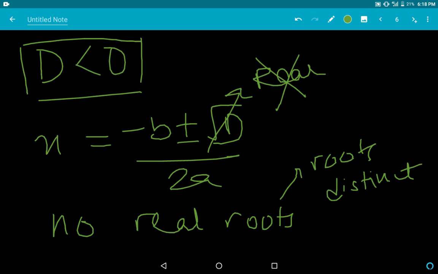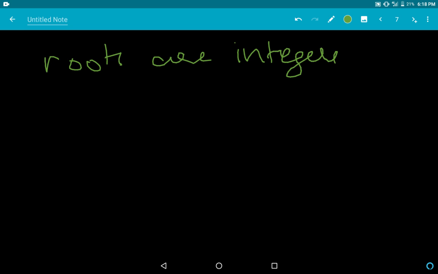Now sometimes they ask, it's very rare. One time a question came, some year between 2000 and 2010, that if the roots are integers, tell me something about d. This is not to be said, but since a board question came, I have to tell this.